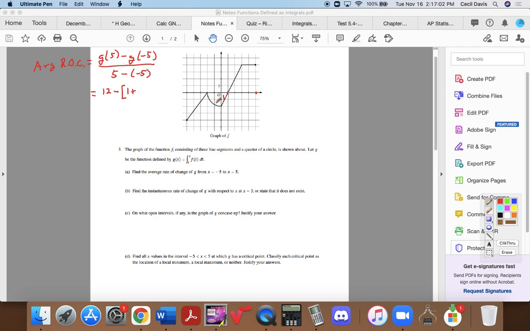I've got this quarter of a circle with a radius of 2, so its area is going to be pi. Plus here I've got a triangle that's 3 by 4, so that area is 6. Over 10.